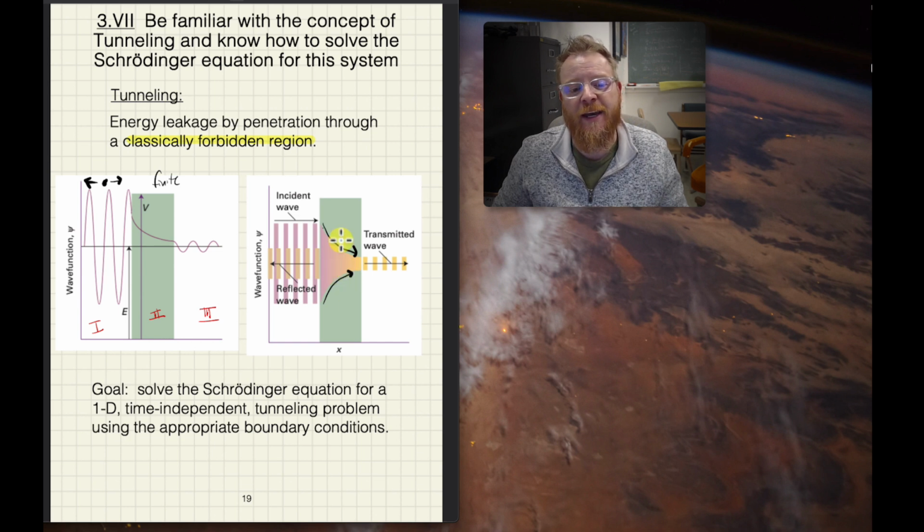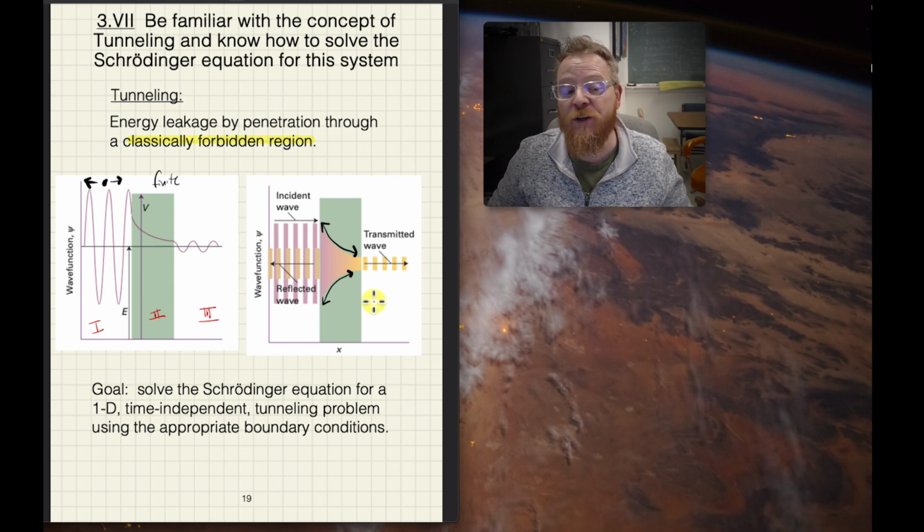So the kinetic energy of the particle is decreasing as it moves through the barrier. And in addition, we can also allow for the fact that there might be some reflection off of the rightmost part of this barrier. And then eventually we get a transmitted wave at reduced intensity or reduced probability.